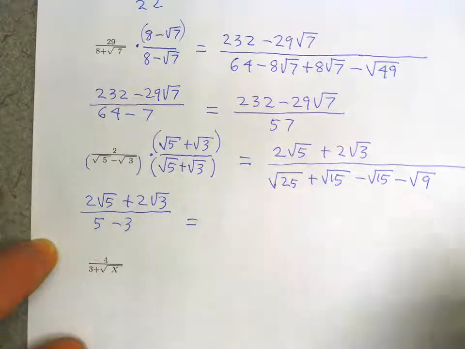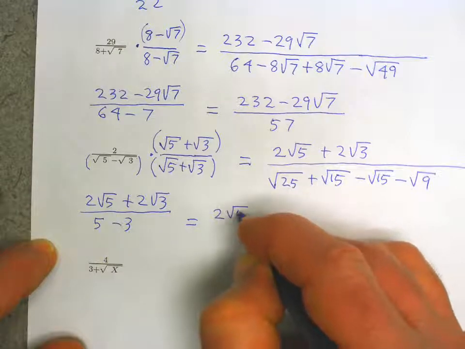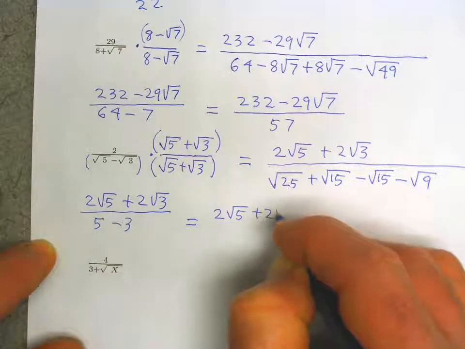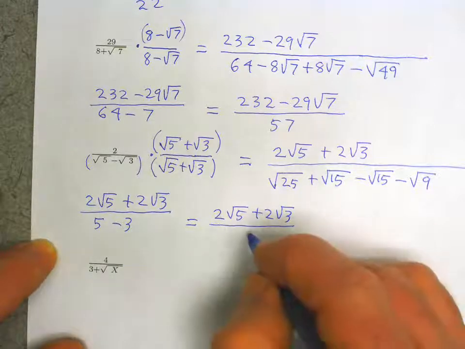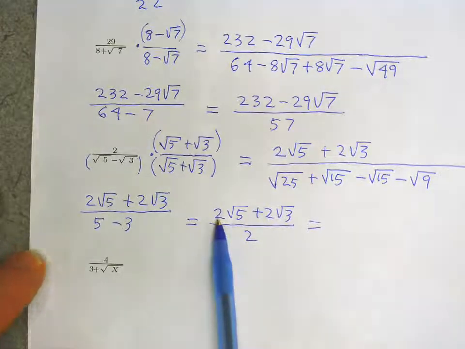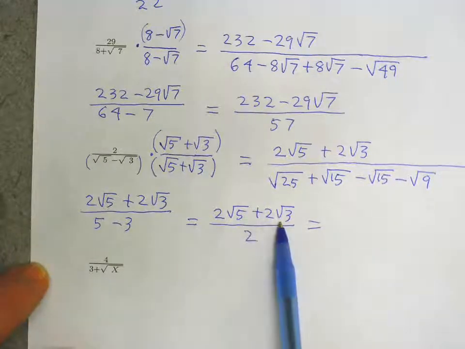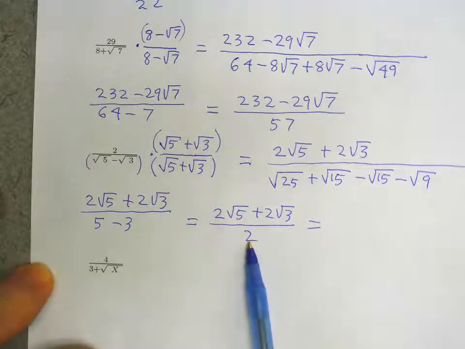So we have a couple more steps here. 2 times the square root of 5 plus 2 times the square root of 3. And in the denominator, 5 minus 3 is 2. So notice that both terms in the numerator have a factor of 2, and the denominator is just 2.